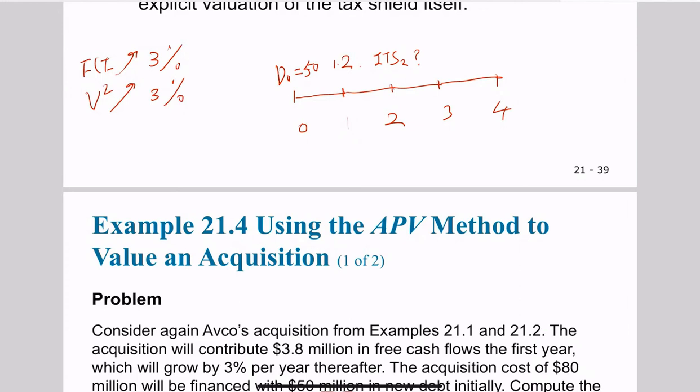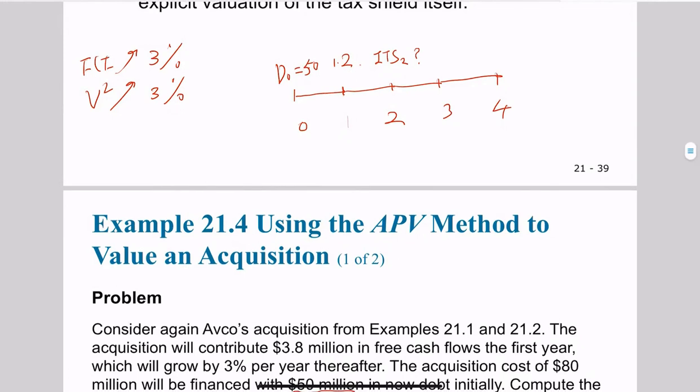And if the firm's levered value increases by 3%, then debt has to increase by 3% per year. And this implies the interest tax shield will increase by 3% per year.